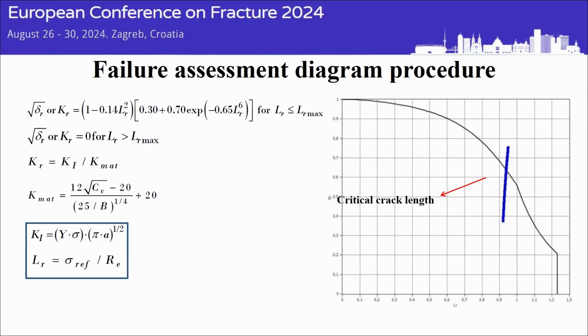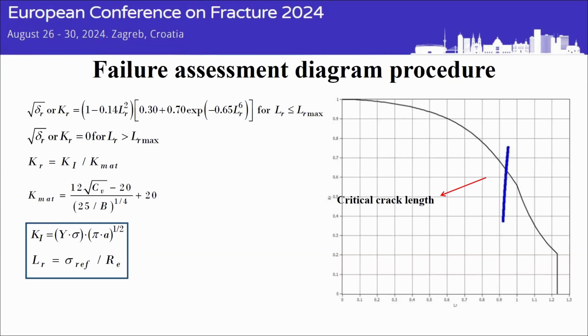If this is the ratio of stress intensity factors, and if it exceeds the value of 1, or if your point on the diagram falls somewhere here, it means you will have brittle fracture, and the closer you are to the lower right corner, then you will have failure due to stresses exceeding their critical values, which is, in our case, a more favorable scenario with plastic collapse.